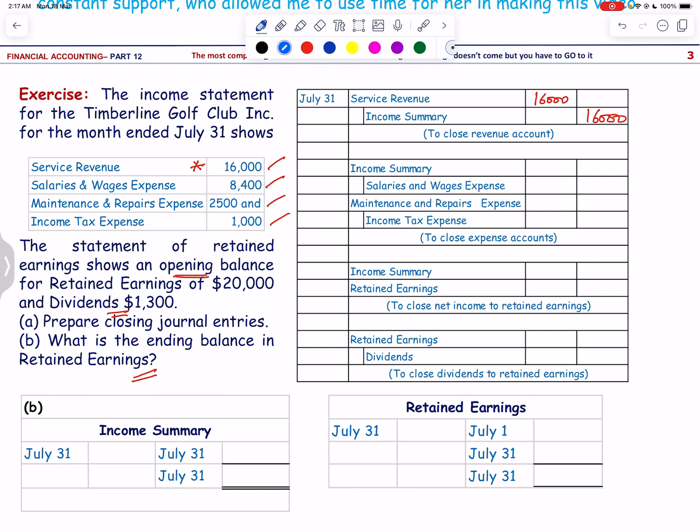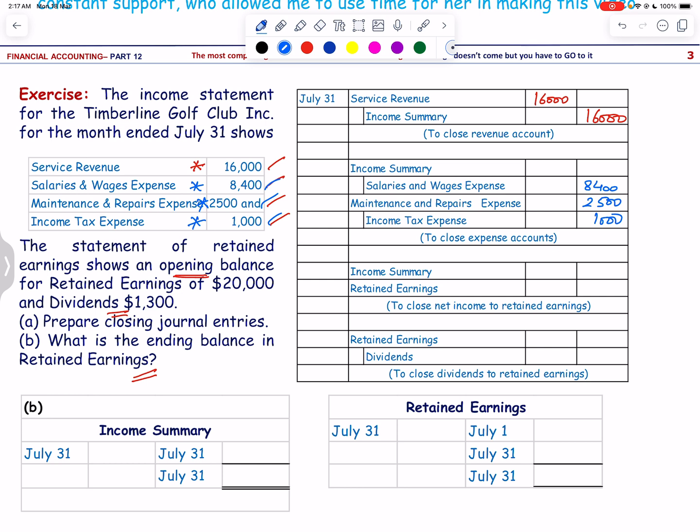So these expenses are going to be credited by 8,400, 2,500 and 1,000. And the income summary will be debited by the total of these credits, that is 11,900.